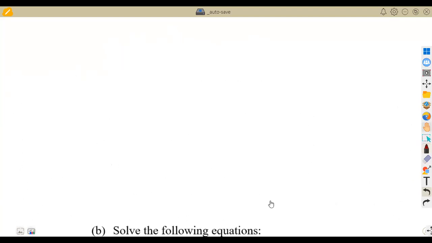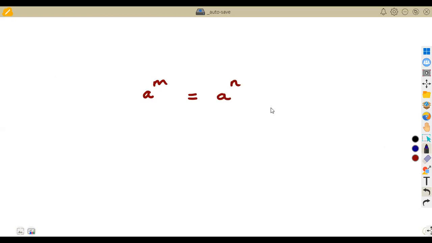We are not going to leave that part behind. We are going to have that same part where I said if you are given a to the exponent of m, which is equal to a to the exponent of n, these two can only be equal if the exponents are also the same, because as you can see here, the bases are the same.